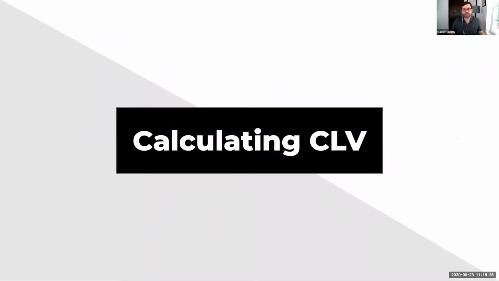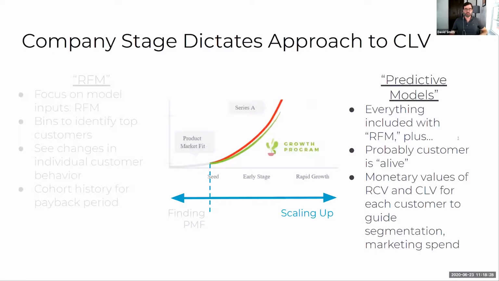So for calculating CLV, as I just mentioned, there are two approaches. Over here on the right, there's the predictive models approach. You get everything you get with RFM, plus a probability score for each customer to figure out if they're alive. You get monetary values of residual customer value and customer lifetime value for each customer, and that can help guide things like segmentation and marketing spend.